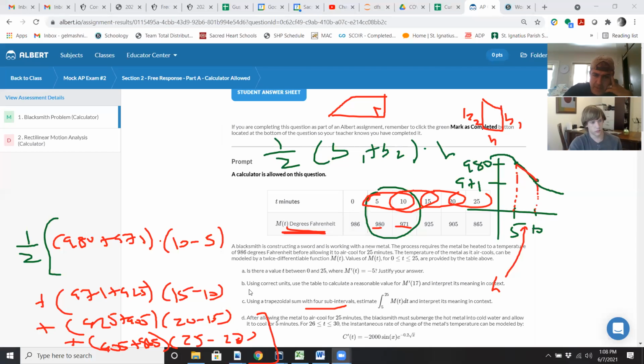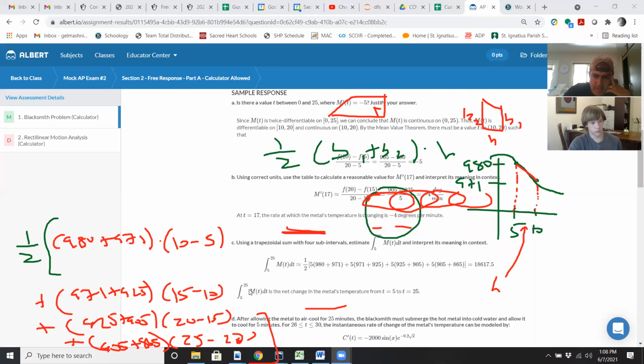Let's look at how they interpret the units because it is kind of weird. It is not the net change in those temperatures. That's actually incorrect. It's simply temperature times minutes. I don't know what they were thinking when they designed this problem.